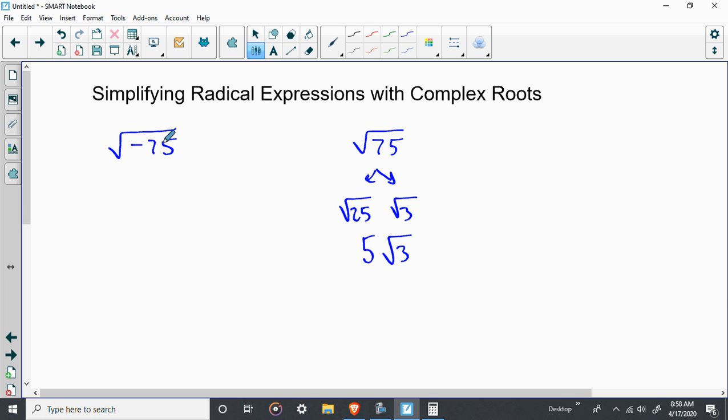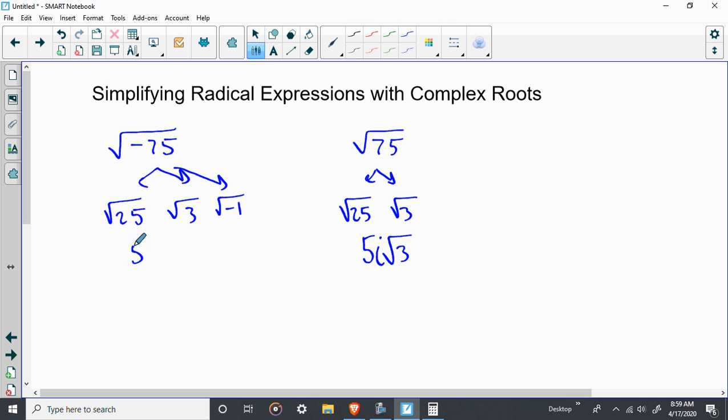If I throw this negative sign in front of it, all you really need to do is put a little I in there. 5I times the square root of 3. Okay, so again, just to show you that, let's break this down. This is 25 times 3, and again, times -1. 25 times 3 is 75. 75 times -1, -75. Now let's find this out.